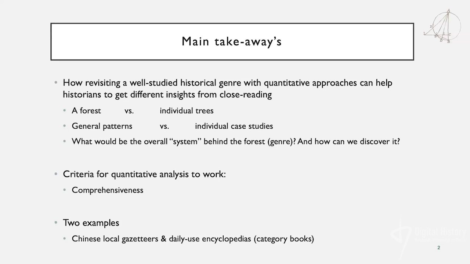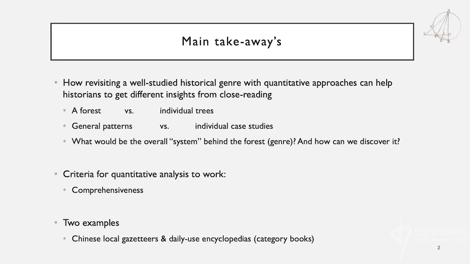Because most historical sources, even in our case the Chinese local gazetteers, many of them are lost by now. So we are using the existing ones, and the digitized ones. How can we make sure that the phenomena we are seeing in this sample collection really can represent the whole forest of the past?